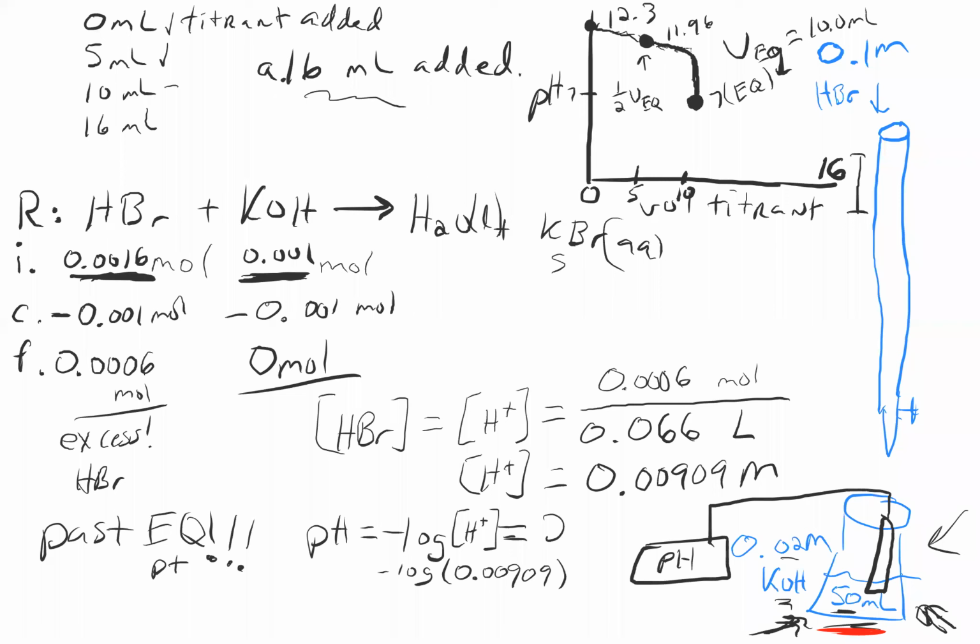And when I do that, I got 2.04, it looks like, okay? 2.04 is what I'm indicating here. So let's see, 15, 16 is way out here. Gosh, I have this very, very low pH point. And if again I fill in the curve, it will come way down and then kind of flatten out again, okay? That's what the curve would look like at 16 milliliters.